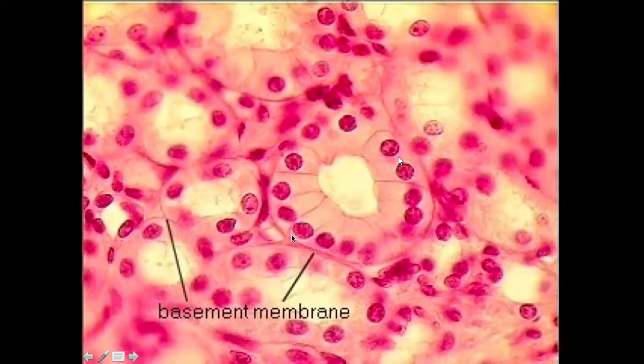Once you find your basement membrane, this is already your basal surface. So where is now your apical surface? Facing the lumen. This is the lumen. So this is your apical surface of an epithelium.